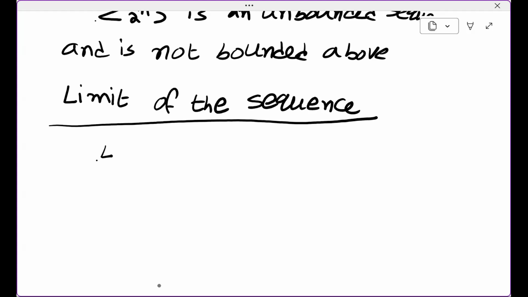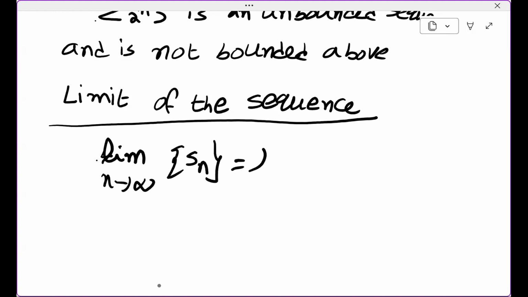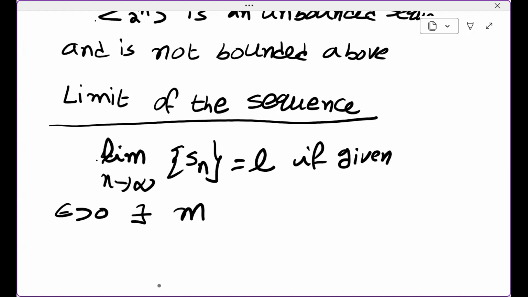The limit as n tends to infinity of the sequence Sn is said to be equal to some L if, given epsilon greater than 0, there exists M. Some textbooks say M is a natural number, some say M is a real number.